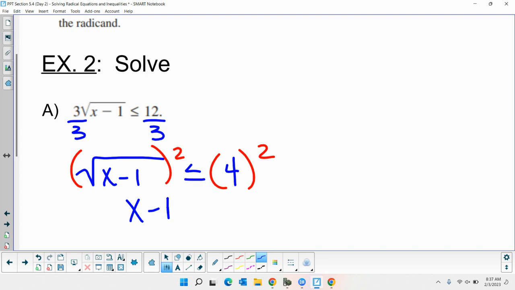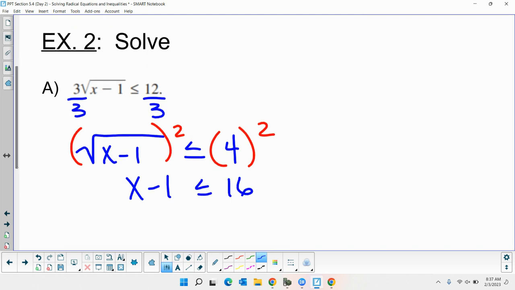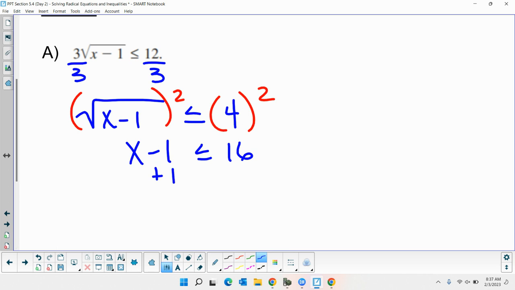Which is x minus 1, 16, and then add 1. Now, since it's square root, what kind of numbers are we not allowed to have under the radicand, or the radical sign, when we have an even index? Negatives, right?